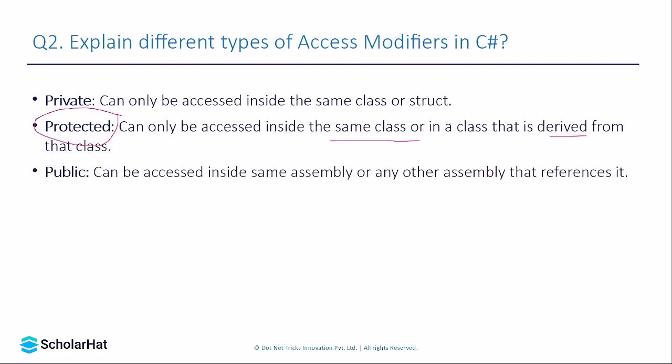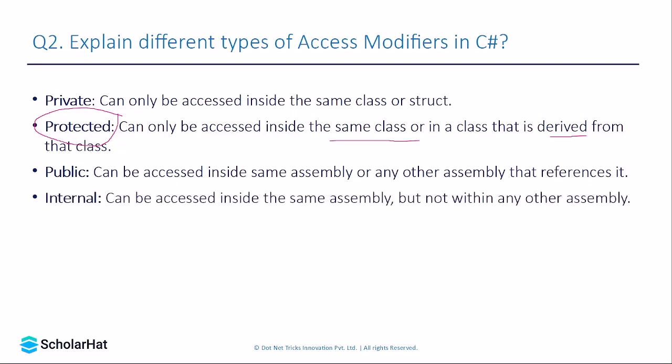The next is public. As the name suggests, public can be accessed inside the same assembly or any other assembly that references it. In short, public has the least restrictions and can be accessed approximately anywhere.